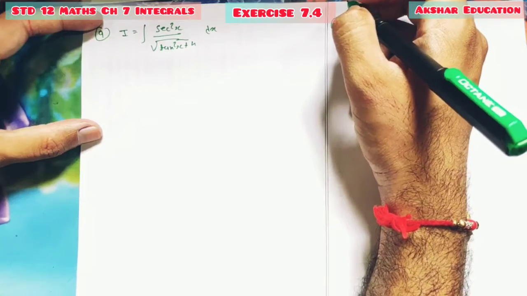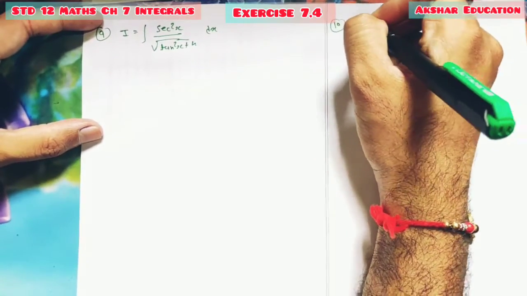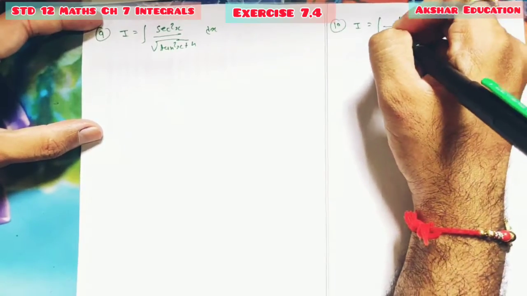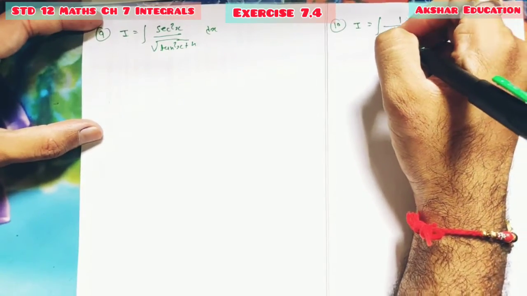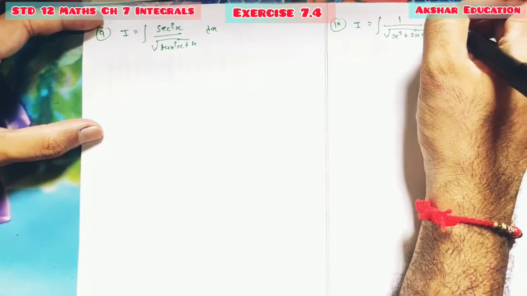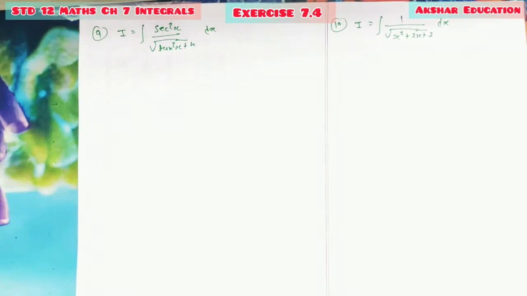Tenth, integration I equal to 1 upon square root of x square plus 2x plus 2 dx.